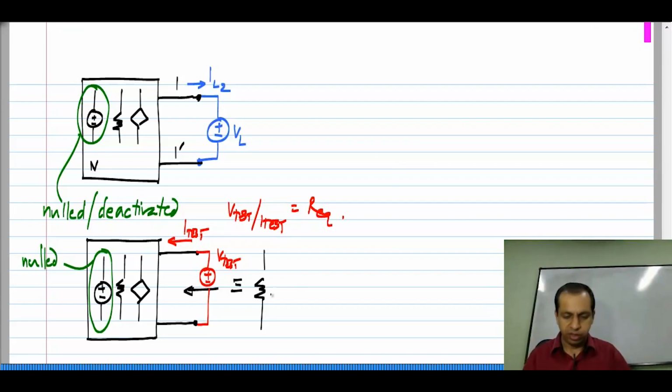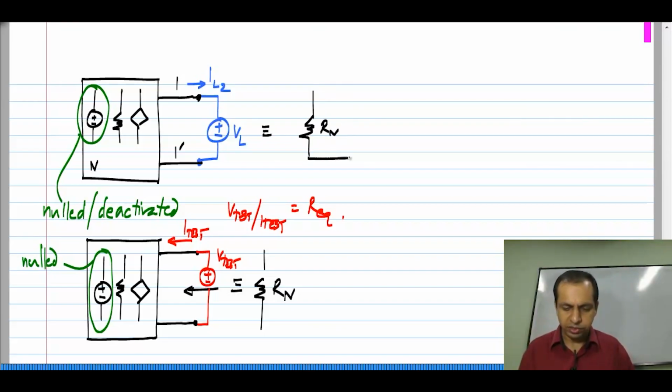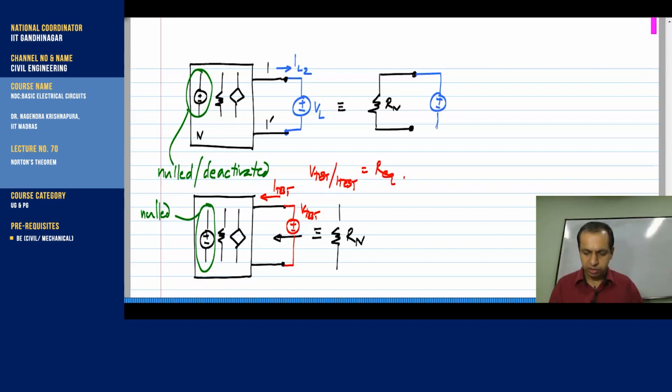In this particular case, I will call it Rn, the Norton resistance. So, this is equivalent to having the Norton resistance Rn, driven by this VL, and I am measuring IL2 in that direction.